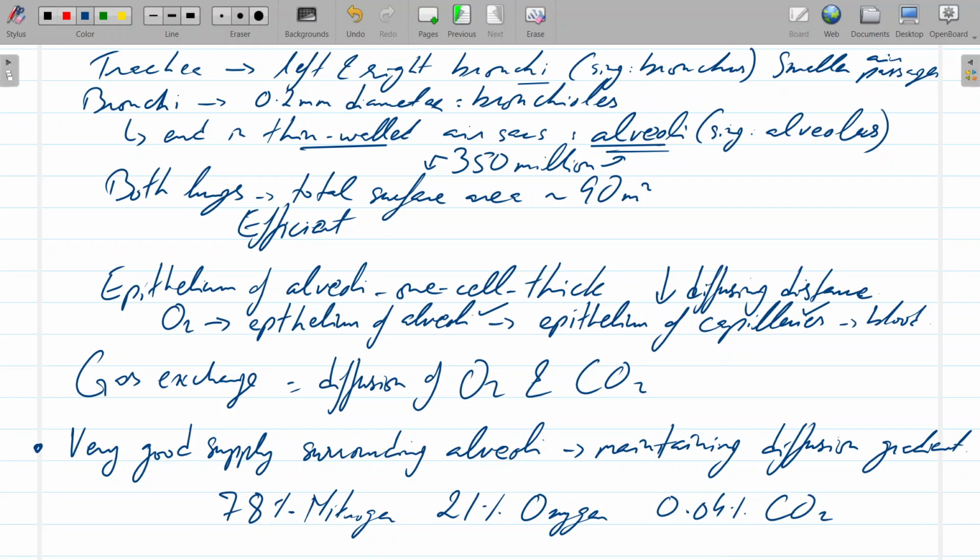So there is carbon dioxide in the air that we inhale, and we exhale a lot more.